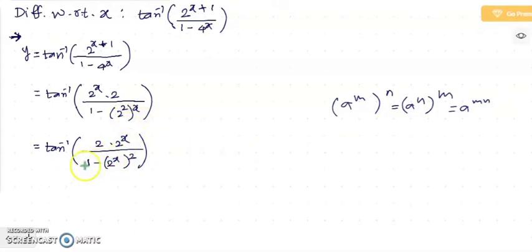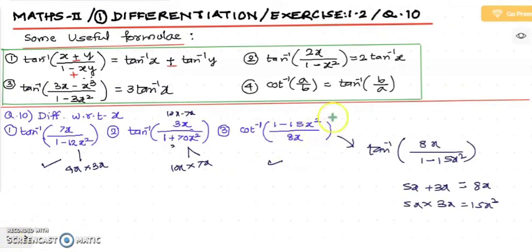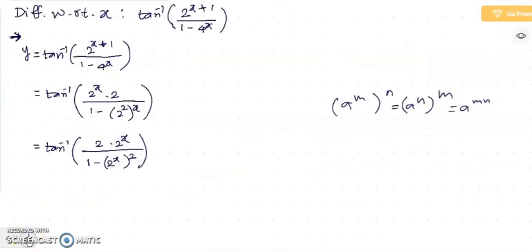Now you can compare the formula. Tan inverse of 2x upon 1 minus x square is equal to 2 tan inverse x. This formula can be compared there to see.